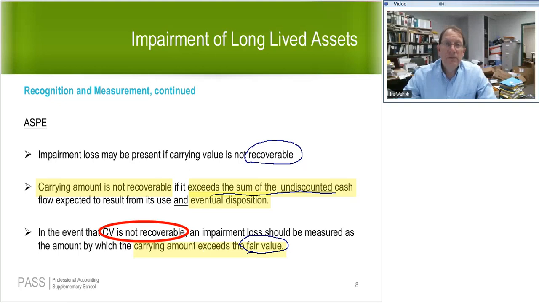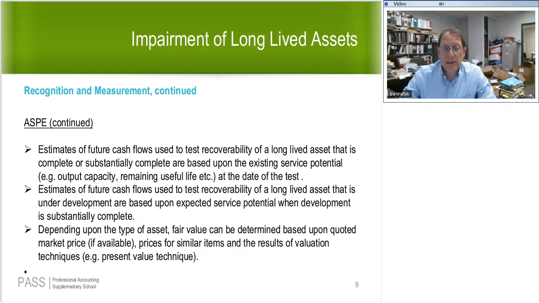I gave you a formula to determine the write-down. That is called recoverable. If it's not recoverable, we write it down. But then I said to you, we don't write it down to that number. We write it down to a different number. We write it down to its fair value. I'll show you an example in a few minutes.